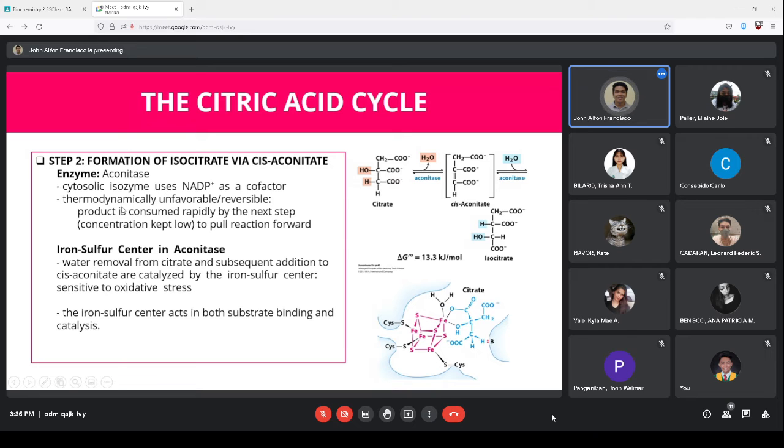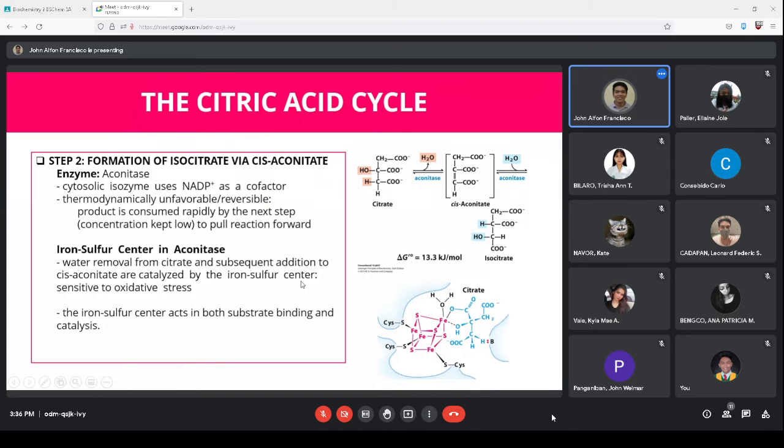So this is thermodynamically unfavorable or reversible dahil nga sa mababa niya or sa positively charged niya energy. So this also uses an iron sulfur center. It helps with the water removal from citrate and the subsequent addition to cis-aconitate, which are catalyzed by the iron sulfur center.